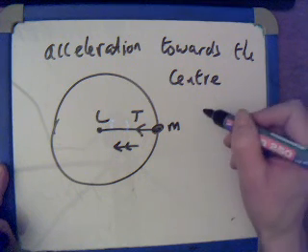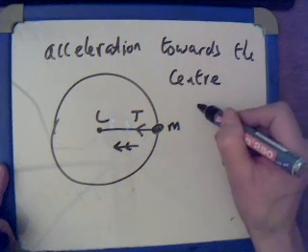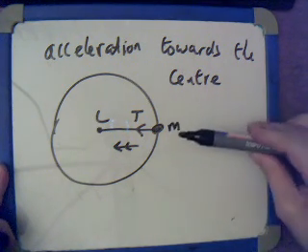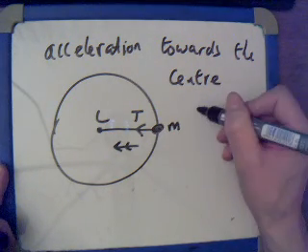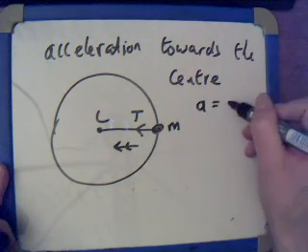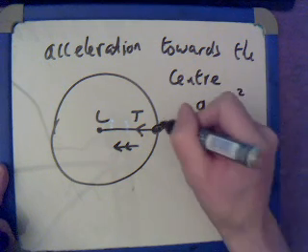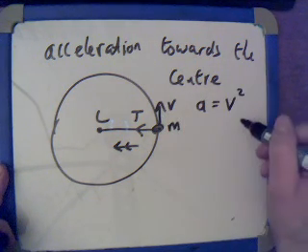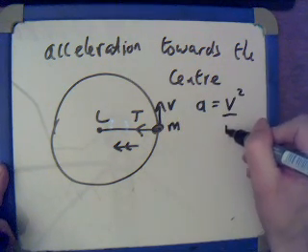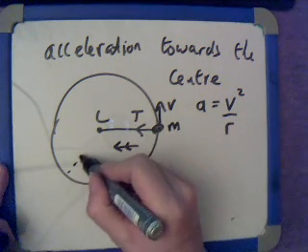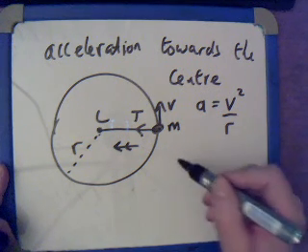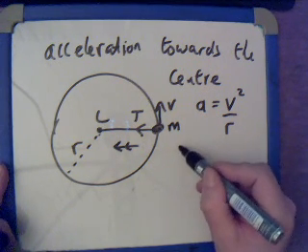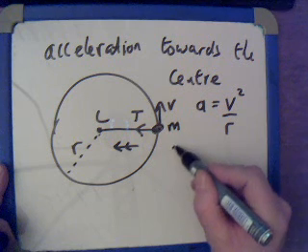And the acceleration is given by, for centripetal motion, this is a resultant centripetal force. Centripetal means acting towards the center, and the acceleration is given by the velocity squared, that's v squared, divided by the radius r. And then if we look at the complete equation, we have the resultant force acting on it from Newton's second law.